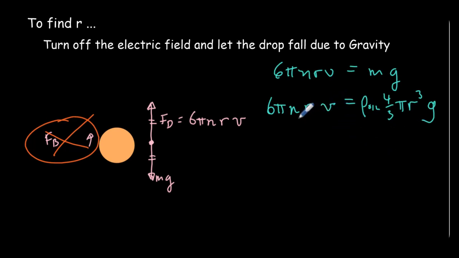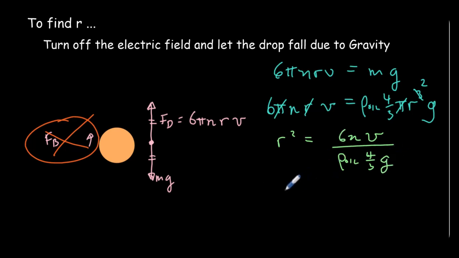Now what we can do is cancel out the pi. We can cancel out one of the r's as well. So we can solve for the square of the radius of the drop, and that's going to be equal to 6 eta v divided by the density of the oil times 4/3 g.